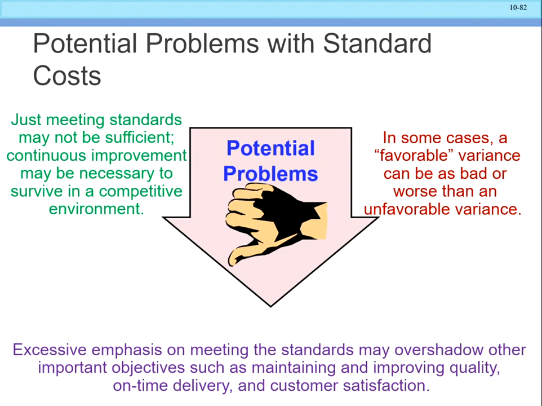In some cases, a favorable variance can be as bad or worse than an unfavorable variance. Yes, it may happen if we produce favorable variances because we are cutting on quality. That favorable variance is also as bad as an unfavorable variance because it has other consequences. Then excessive emphasis on cost, as I've said, is going to compromise the quality that is going to be produced, and that can harm customer satisfaction.